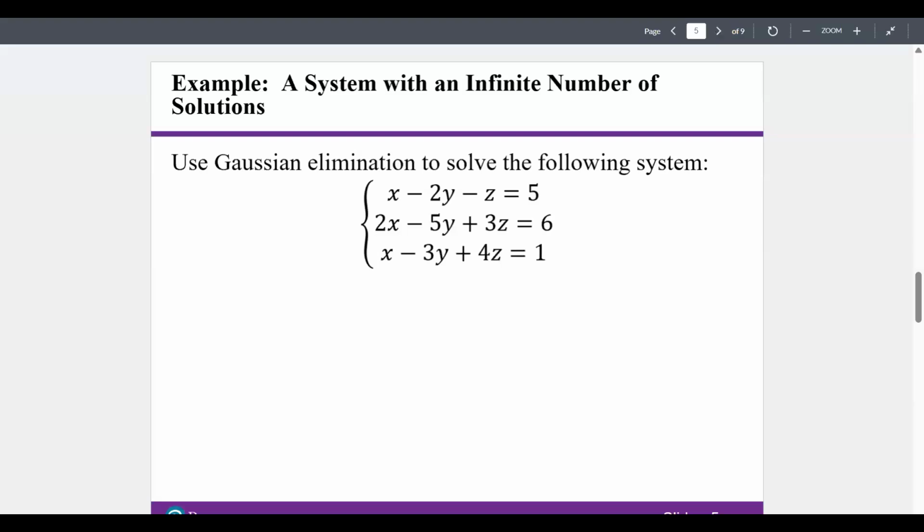In this case, we're going to end up with infinite solutions. When you end up with infinite solutions, like I said, because we're doing three variables, we can end up with three planes. They're basically just going to intersect on a line or something like that.